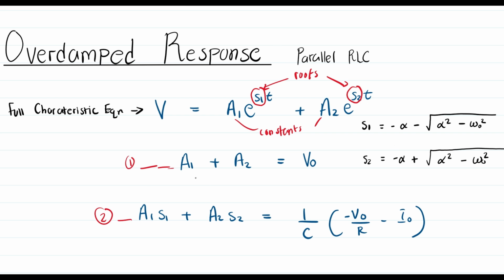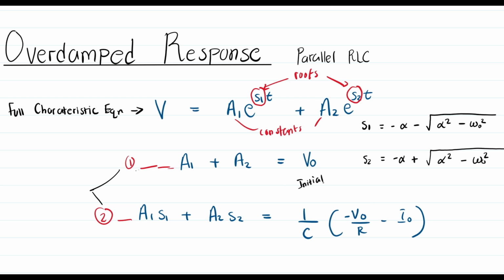Now let's get back to finding the constants A1 and A2. We're going to solve these two equations simultaneously. What is VO? VO is the initial capacitor voltage.